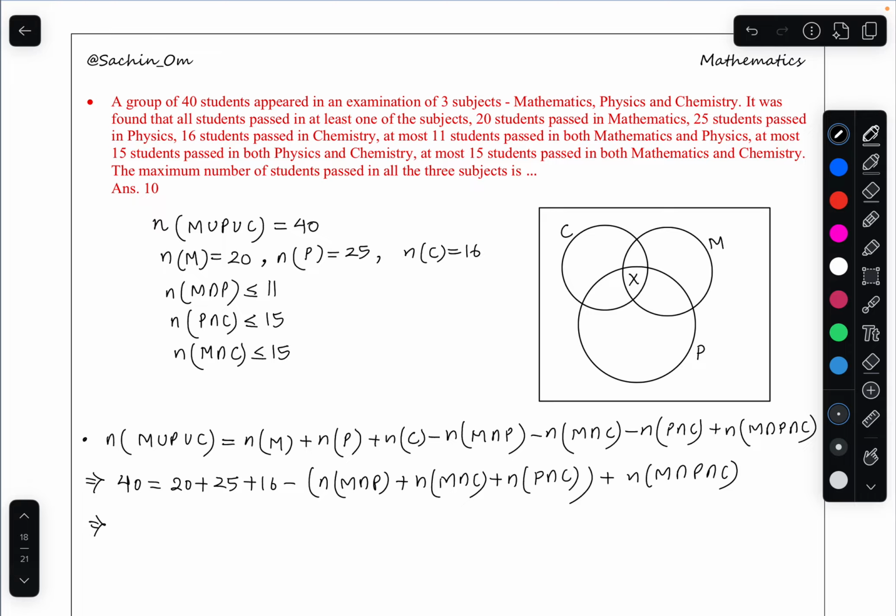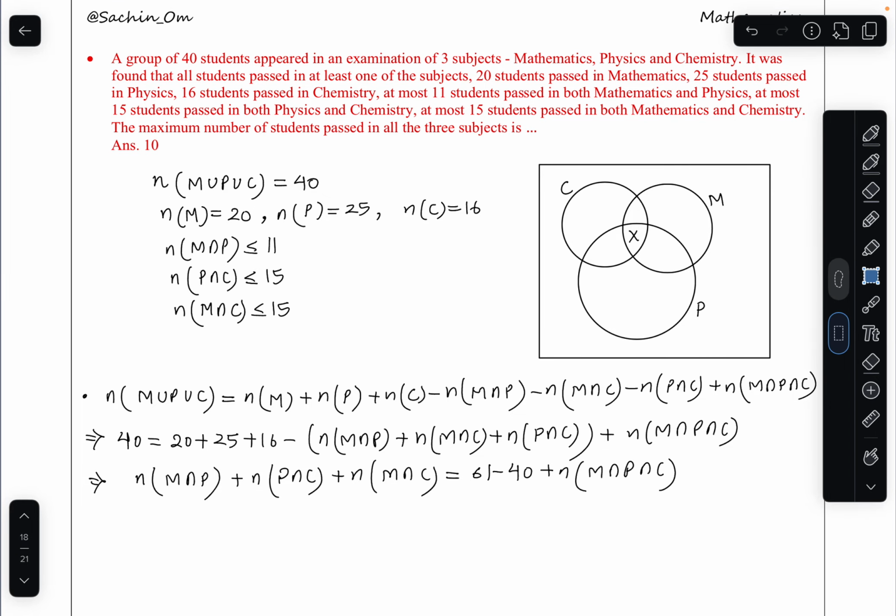So what I can do is simplify, because we want to get M intersection P intersection C. I can simplify this equation as number of elements in M intersection P, plus P intersection C, plus M intersection C would be equal to 61 minus 40 plus number of elements in M intersection P intersection C. So this is what I have.